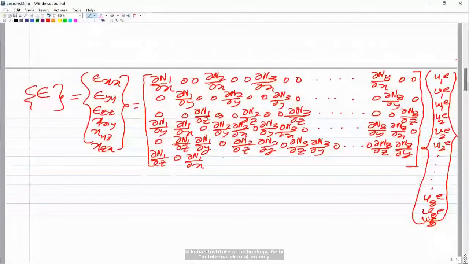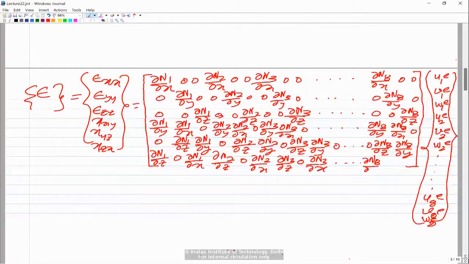And then again del n2 by del z, 0, and del n2 by del x, and then again del n3 by del z, 0, del n3 by del x. This is the last strain, and similarly del n8 by del z, 0, and del n8 by del x. So this is what is going to be your strain displacement matrix.